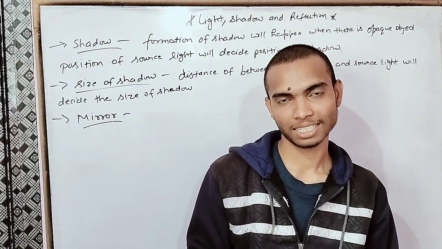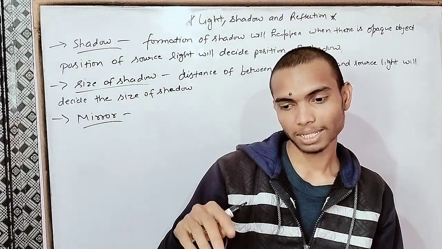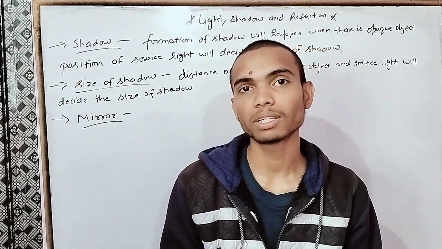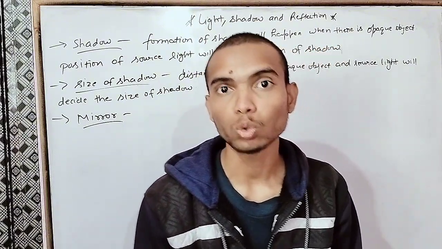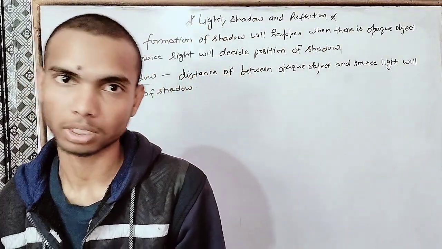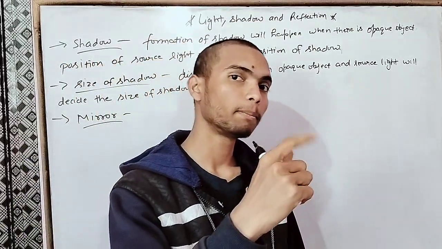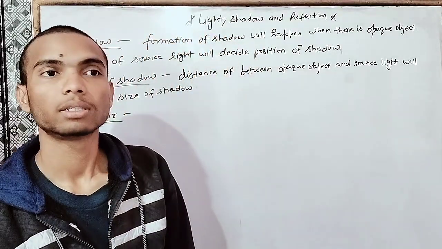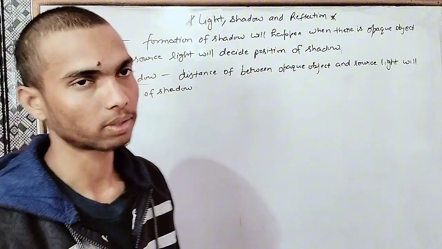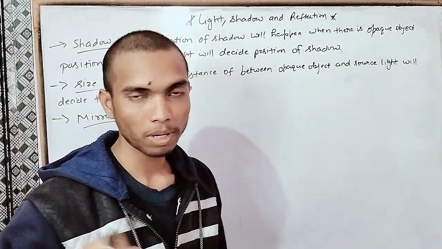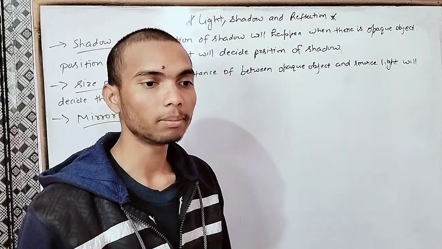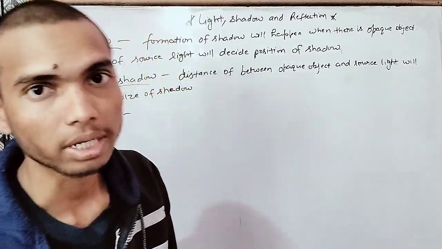It is not allowing light to pass through the mirror object because of the painted area. If there is no painted area behind the mirror, then the mirror would be an example of a transparent object.